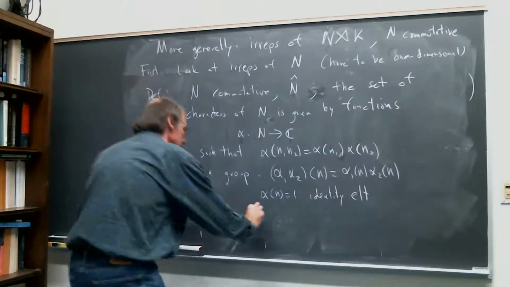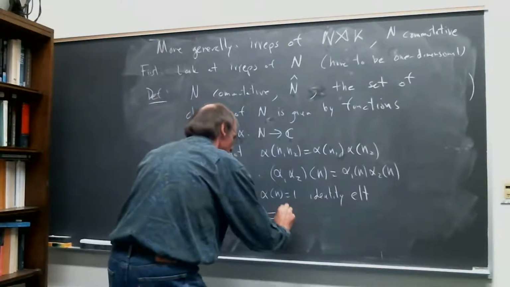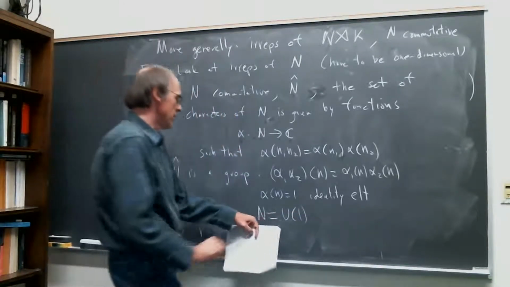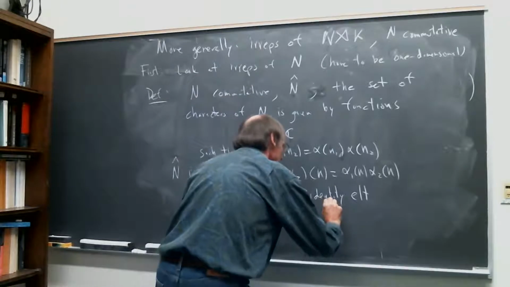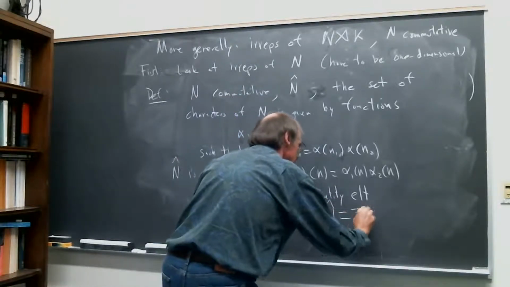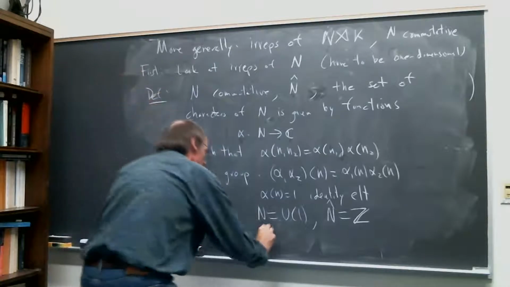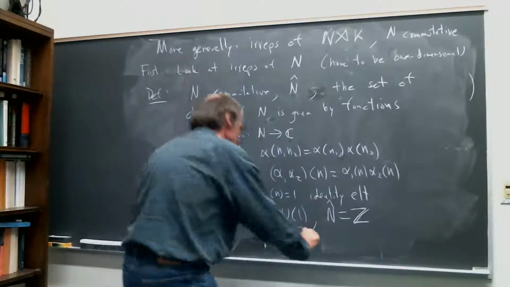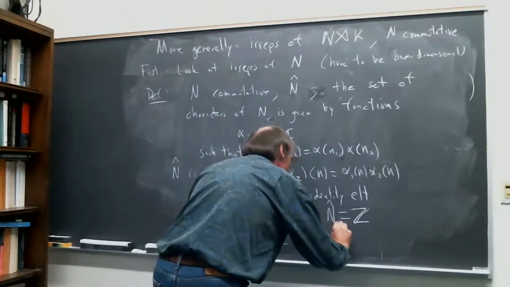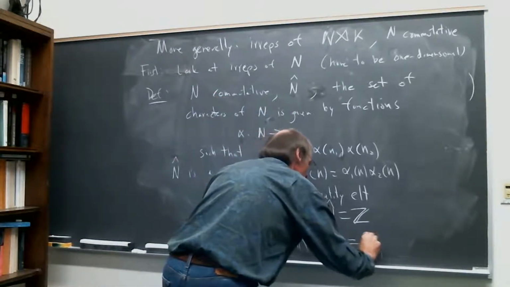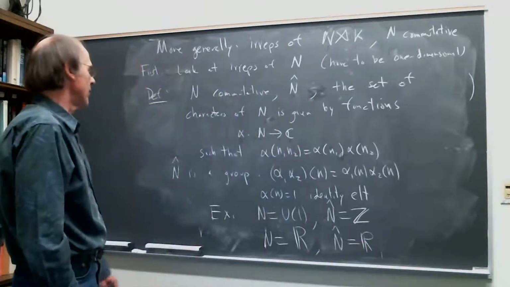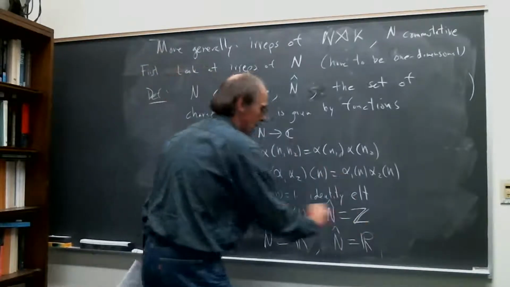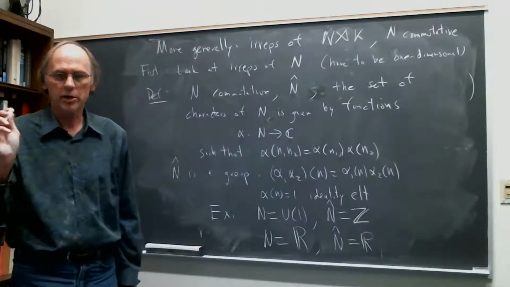And the examples that you've already seen are that for N equal to U1, the character group is Z, and for N equal to R, the character group was equal to R. Okay, sorry. To make this work out correctly, I actually want unitary characters.